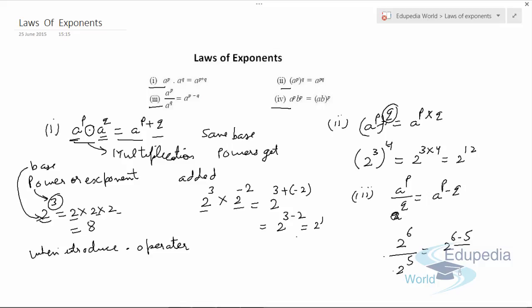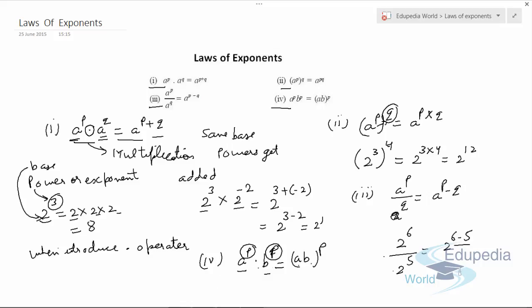Now the fourth law is a raised to power p into b raised to power p equals to ab raised to power p. Means now in this question we have different base but the powers are same. So whenever we have different base but same powers and they are getting multiplied, we can multiply the bases and keep the power same.